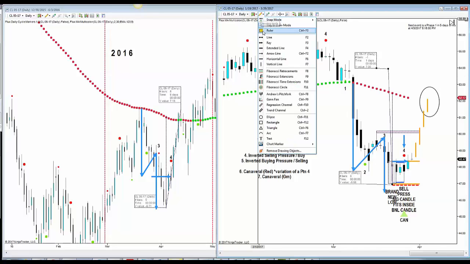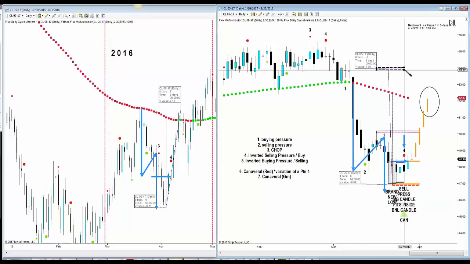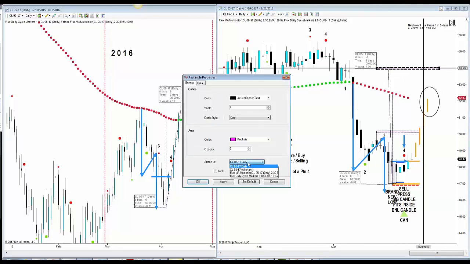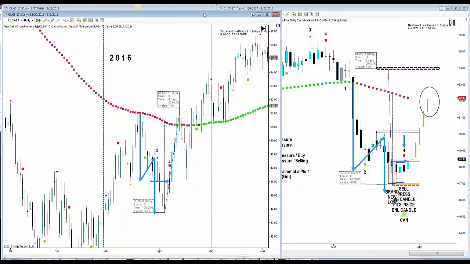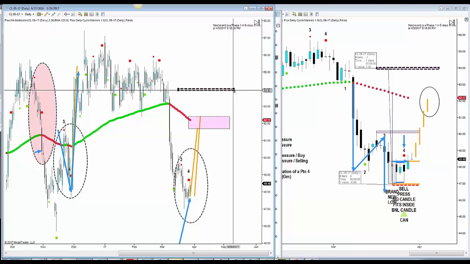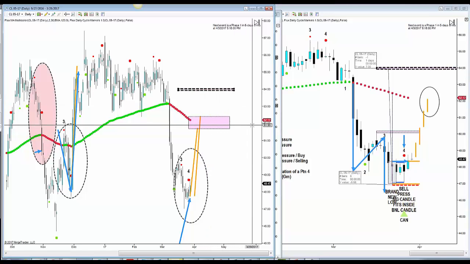So Gary, I'm going to put a rectangle right here, and I'm going to put it on all CL charts. And now I'm going to go back and look at that chart we did with the constellations just a second ago. And so Gary, if we look at what happened last year, there are 2 lines now that made it this high.